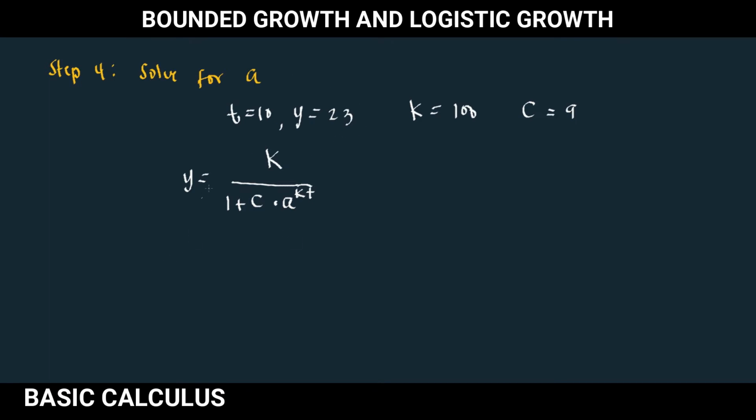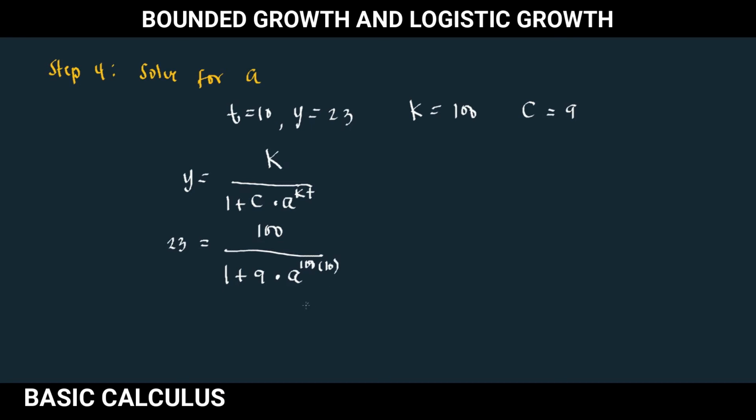So we have Y, which is equal to 23, our K 100, over 1 plus the value of C, which is equal to 9, times A raised to 100 times the value of T, which is equal to 10.